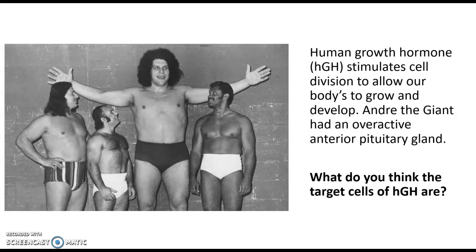So as a thought experiment for you, if too much human growth hormone causes you to be large, and too little human growth hormone causes you to be smaller than the average human, what do you think the target cells of human growth hormone are? Which cells within our body are stimulated to divide by human growth hormone?